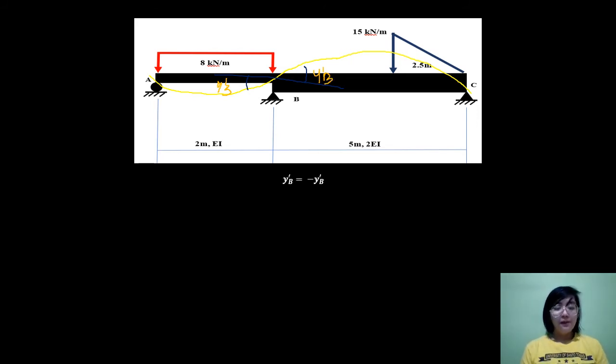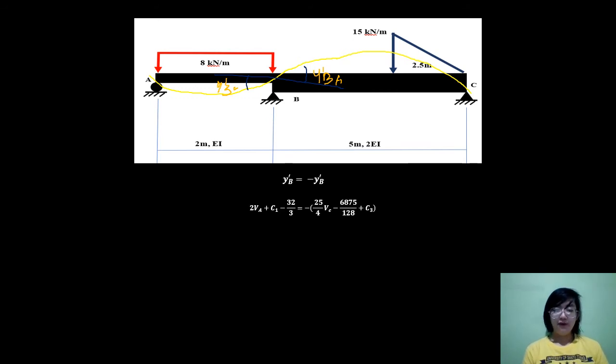But the one in segment BC will be negative, because if you look, it is on the left side. From left to right, our sign convention is counterclockwise, so our y prime B in segment BC will be negative. Okay? So, this is B. This is segment BC, and this one is segment BA. Now, let's equate them.